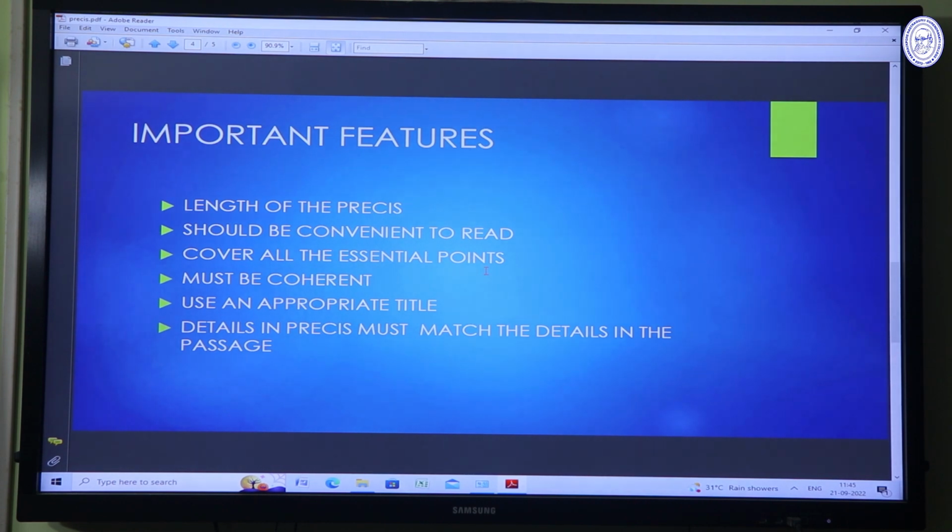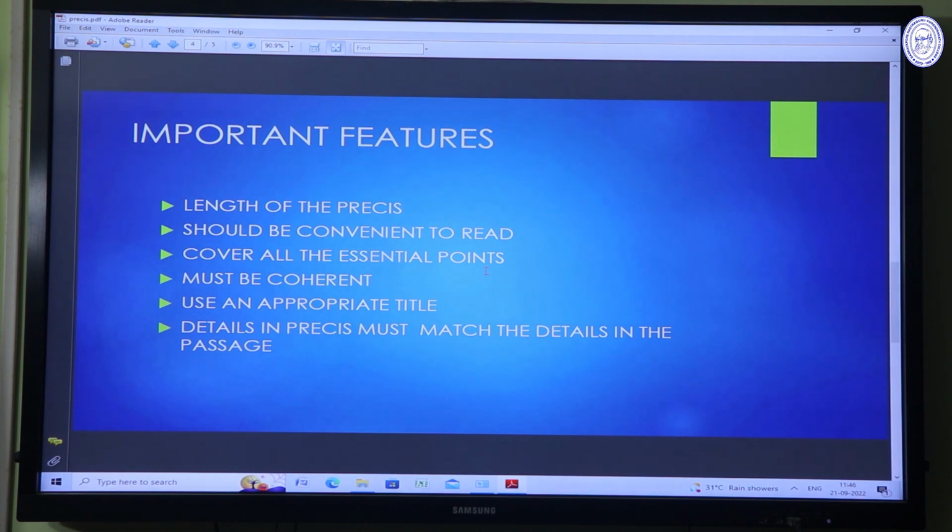Next, details in the Precis must match the details in the passage. There is a tendency, sometimes, to chop some information or to add some information. We cannot do this. We have to stay true to the facts that are already mentioned in the main passage.